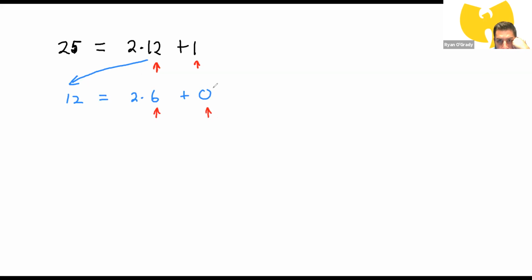I'm going to take this number 6, which was the quotient, and repeat the process with it. 6 is 2 times 3. And the remainder here is once again 0. I'm going to keep repeating this until I can't do it anymore.